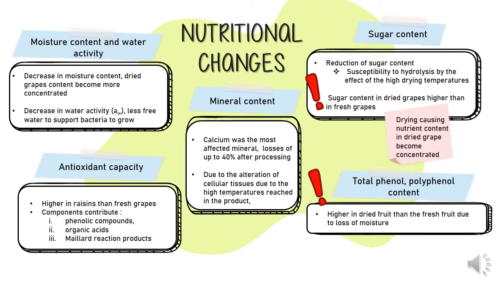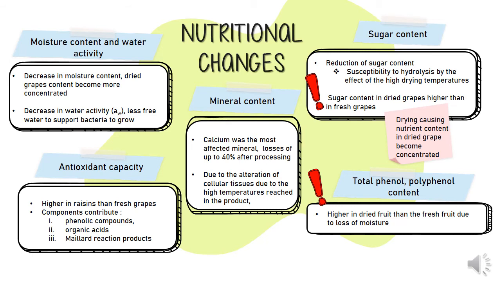Then next we see mineral content. Calcium was the most affected mineral, where it decreased almost up to 40% after processing. This is due to the alteration of cellular tissue due to the high temperature reached in the product.